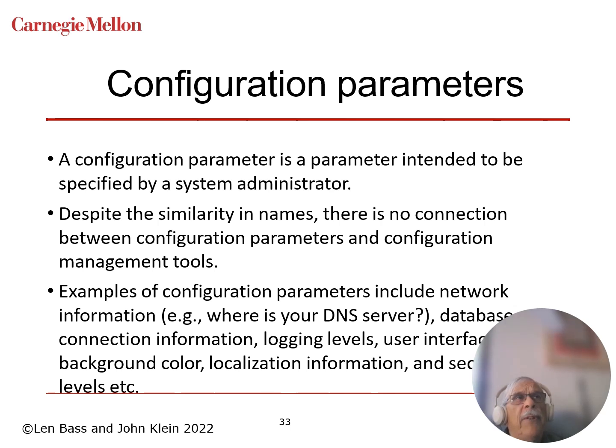So it could be the URL of the database that you're using. It could be the font that you're using. It could be the color that your background is on. It could be how much memory you're using. It could be your IAM settings. So configuration parameters can be anything that the system administrator or the developer decides to make a configuration parameter.